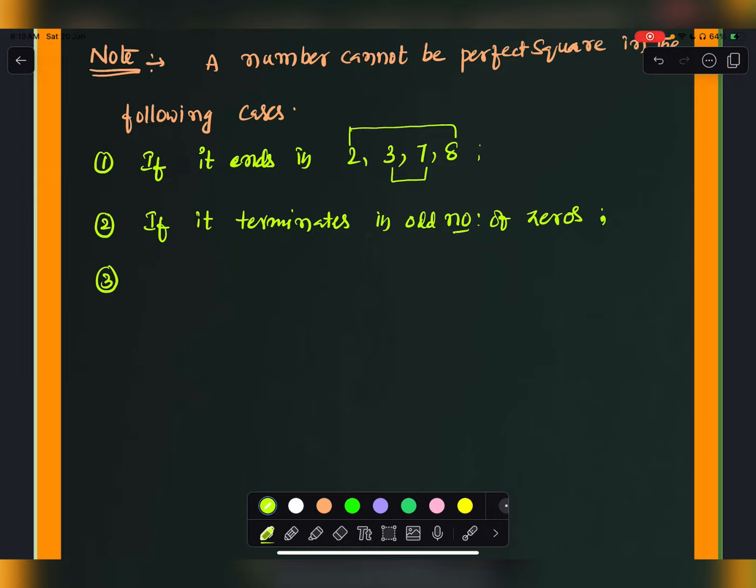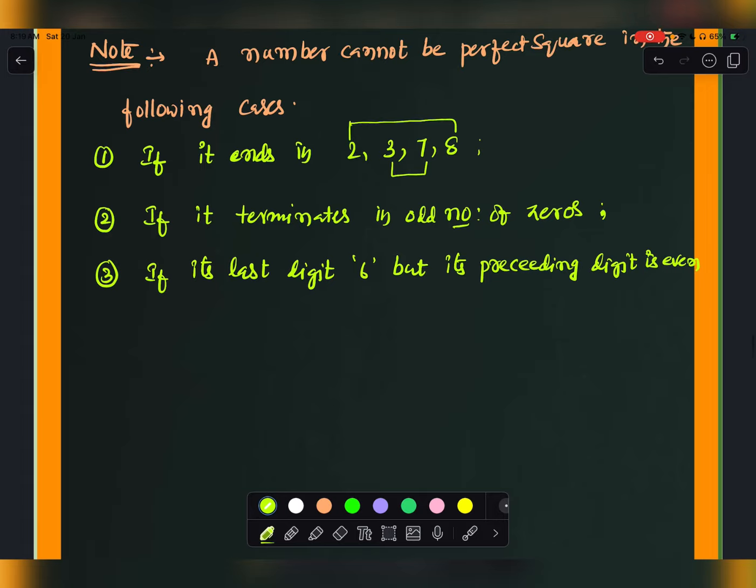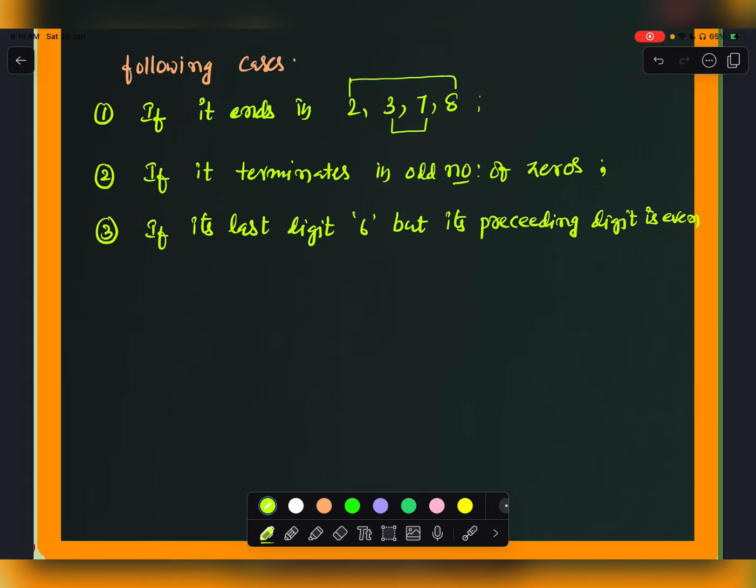Next one, if its last digit is 6 but its preceding digit is even, the number cannot be a perfect square.